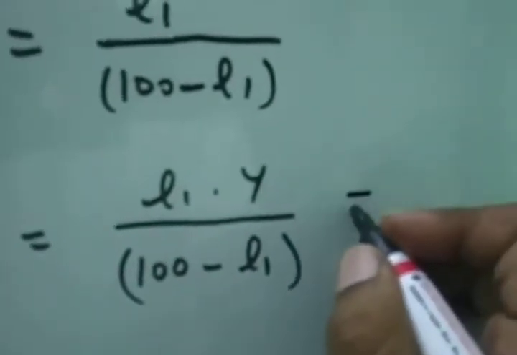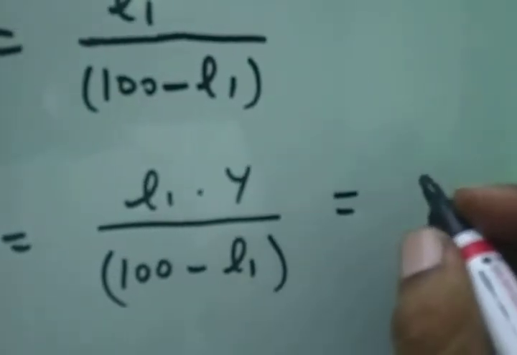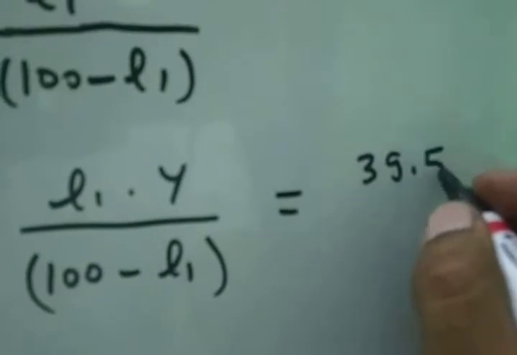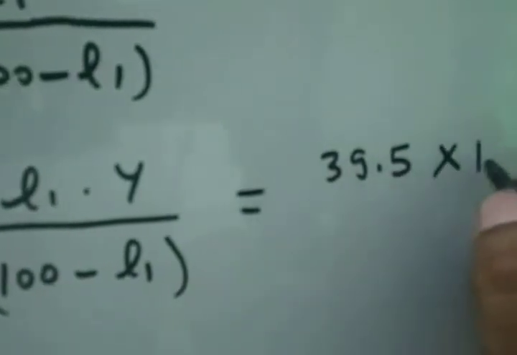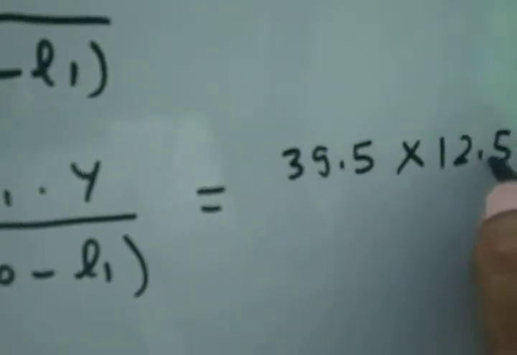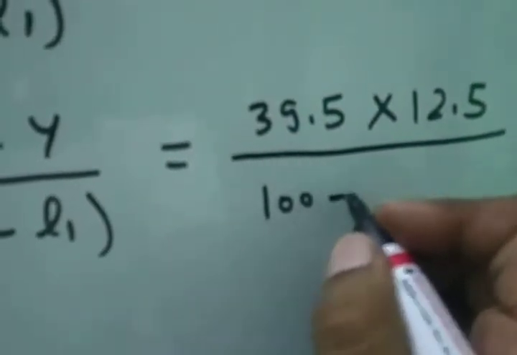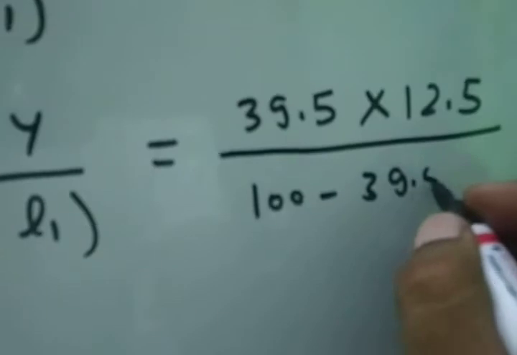Now we can write the value. So 39.5 into 12.5 upon 100 minus 39.5.